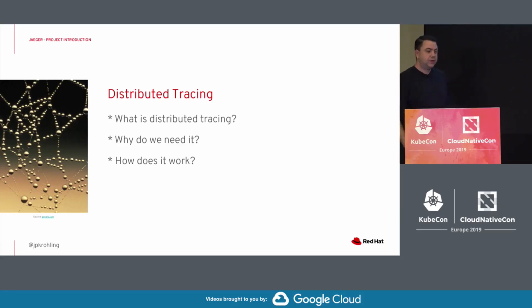Okay, so it's very hard to talk about Jaeger and not talk about tracing or distributed tracing. Jaeger is a tracing solution, but what exactly is distributed tracing? If you've been to any other tracing talks this week, or perhaps some OpenTelemetry talks, then you've probably seen some introduction to tracing.